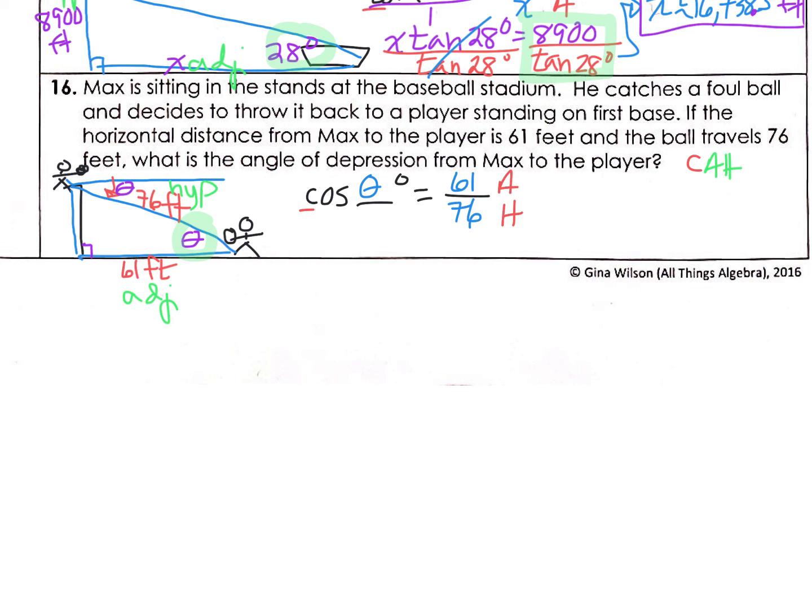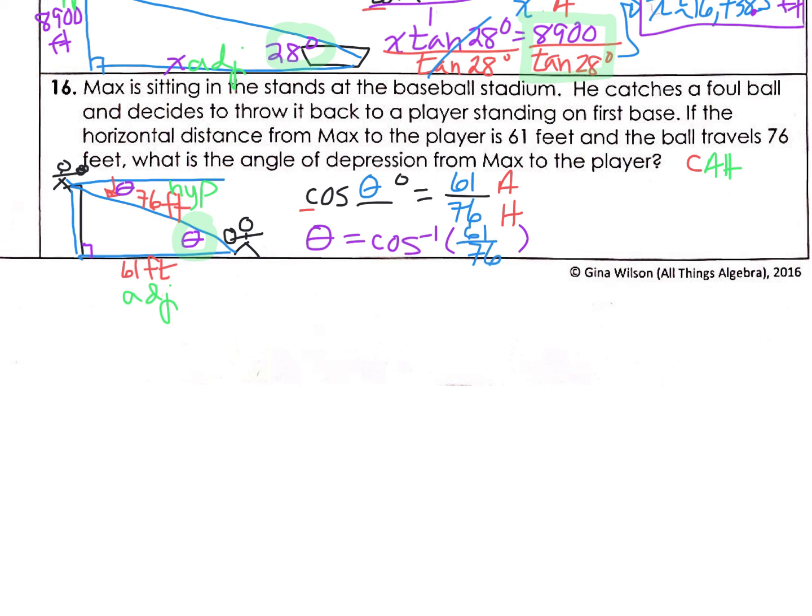As soon as you don't know your angle of reference, you're using the inverse trig function. So theta equals the inverse cosine, and then big parentheses, and you're putting that ratio 61 over 76 inside.